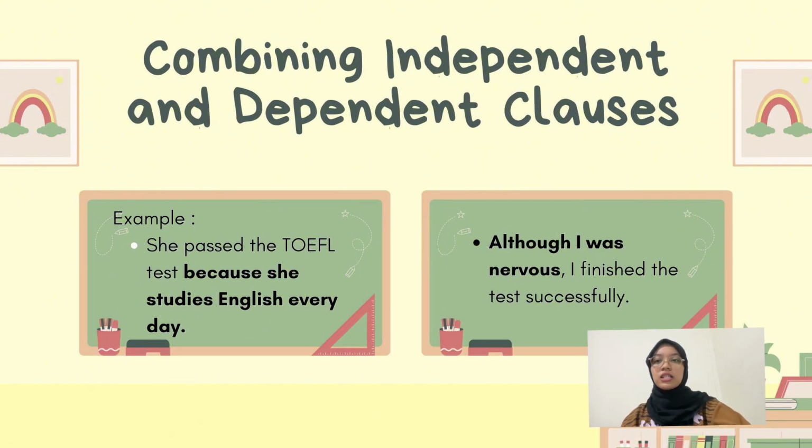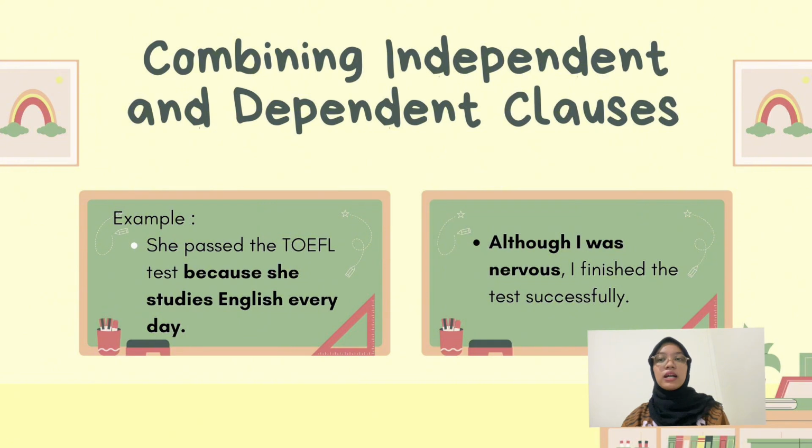And another example, although I was nervous, I finished the test successfully. In this sentence, although I was nervous is a dependent clause, and I finished the test successfully is an independent clause.